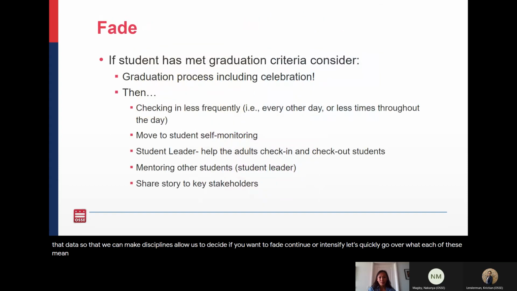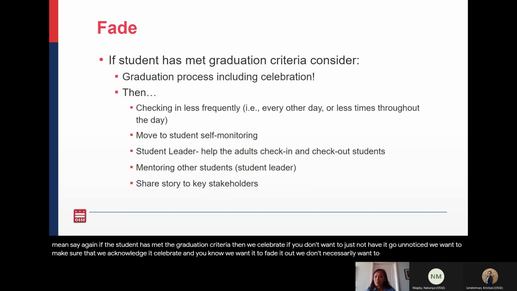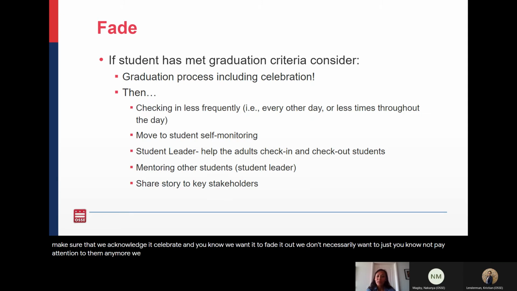So fade, again, if the student has met the graduation criteria, then we celebrate, right? We don't want it to go unnoticed. We want to make sure that we acknowledge it, celebrate, and we want to fade it out. We don't necessarily want to just not pay attention to them anymore. We may just check in less frequently. We may have them start to self-monitor.